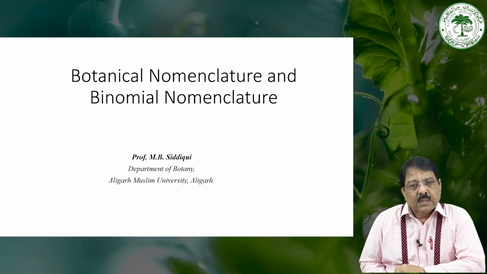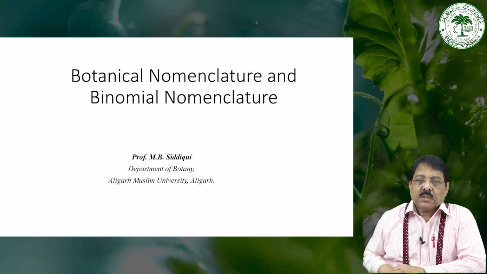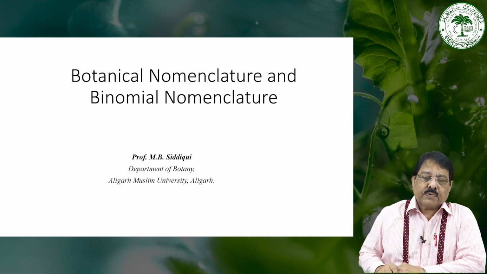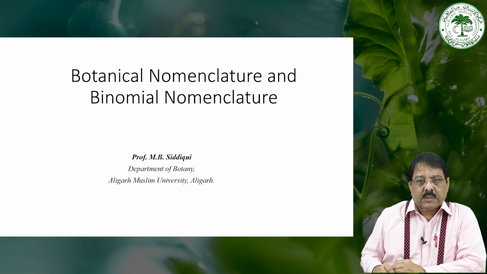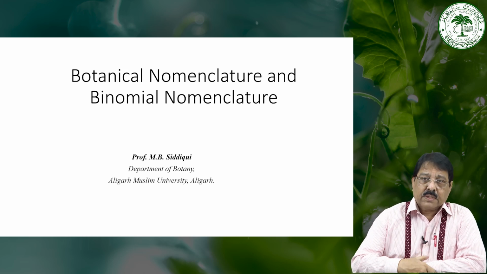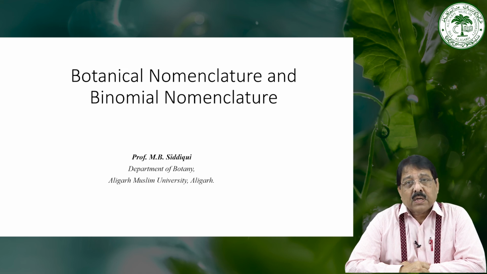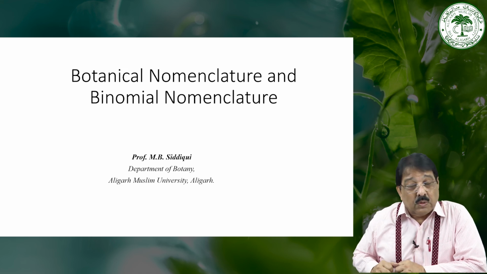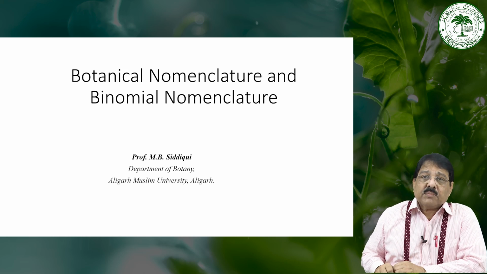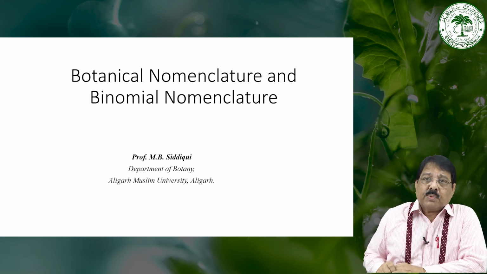Real botanist means one who has the background of taxonomy as well as the rules of nomenclature. So how do we define nomenclature? It is the determination of the correct name assigned to a plant, and the system of assigning the name to a plant on a scientific basis is called nomenclature.